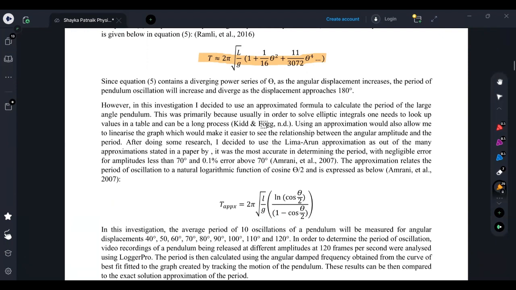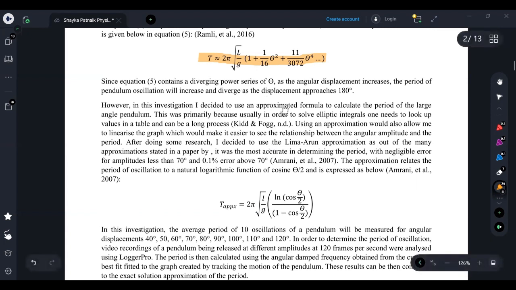Another tip I would definitely say is to make sure you justify why you did what you did where needed. For example, I could not just say I was using an approximation and then leave it there without justifying to my marker why. Because in my case, I could have chosen any approximation, and definitely using the exact series would be more accurate, and you'd want to find the most accurate solution anyway.